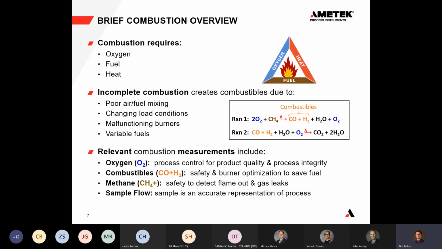And if you're using a combustion analyzer, it's also important to measure sample flow in that combustion analyzer so that you have a representative sample from your process. So that's just a brief overview of combustion, and that will play into some of our discussion today on greener combustion.